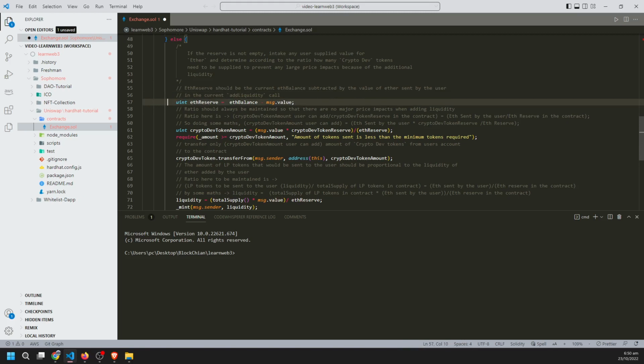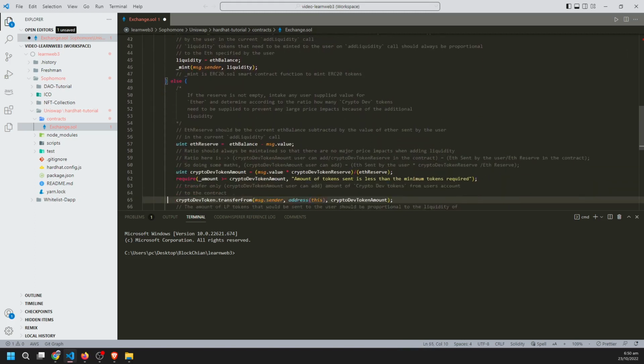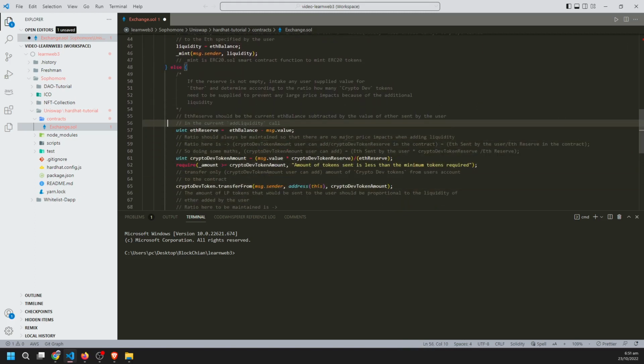Ethereum reserve equals Ethereum balance minus msg.value. So it is going to subtract the value sent by the user from the current balance of this contract.